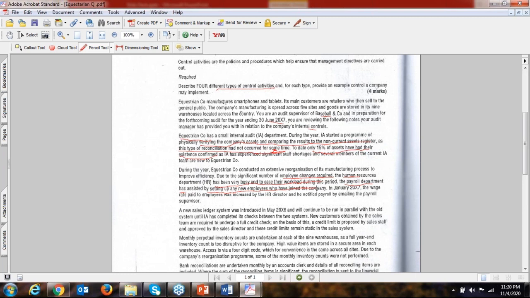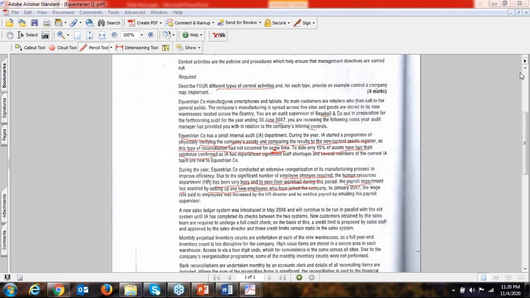So this is the deficiency. And why is it a deficiency? Because it is a lack of segregation of duties. Very good, Hamza. The payroll department, which is responsible for giving the salaries, is now also setting up the human resource, doing the hiring.